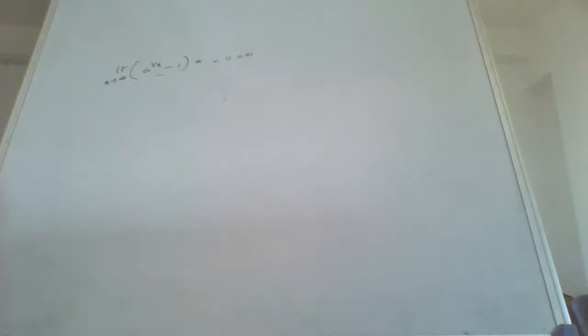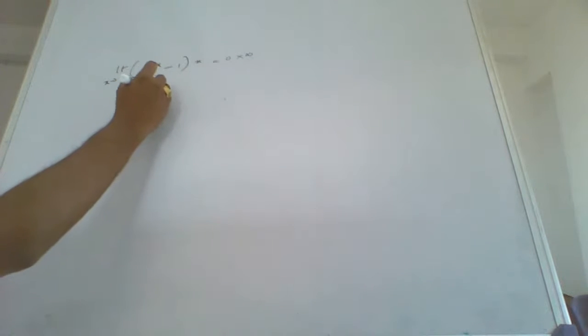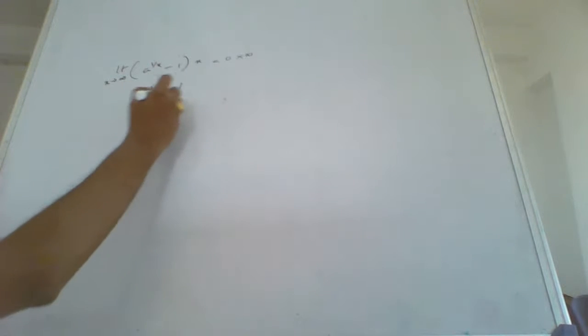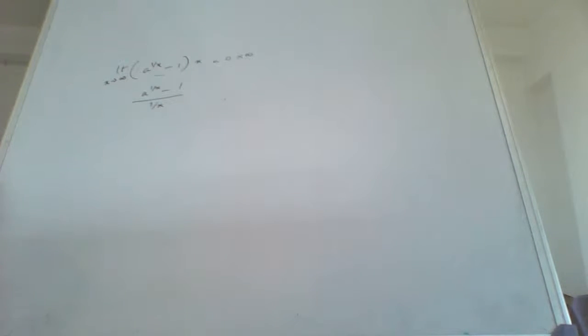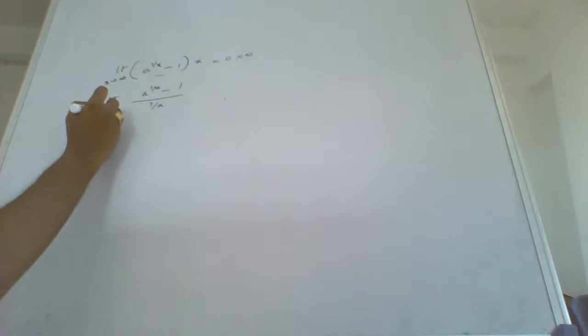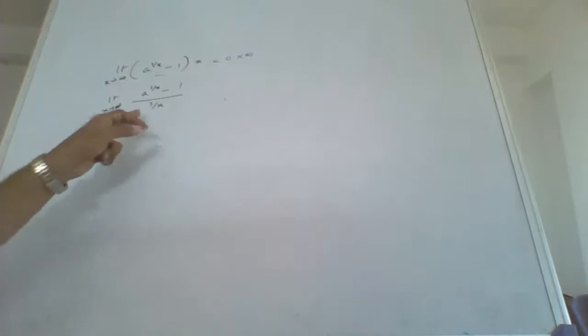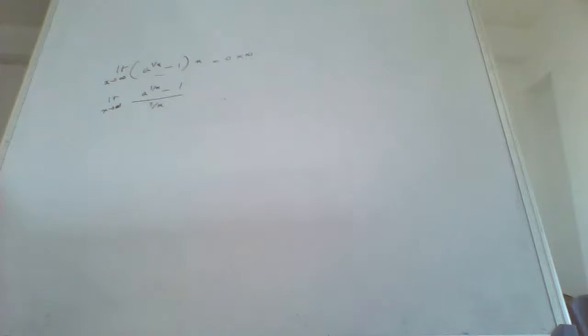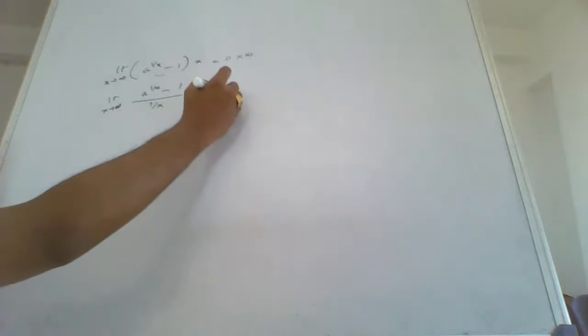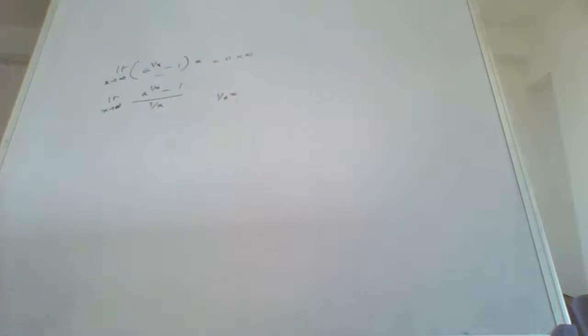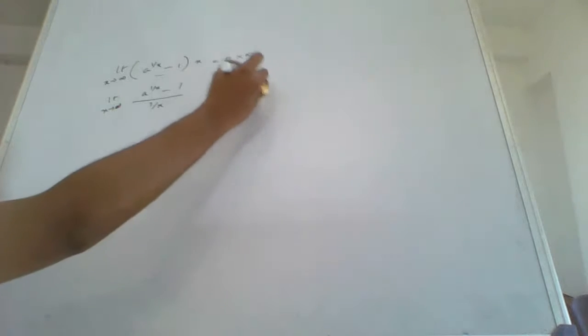Let me try to manipulate this. So this is (e to the power of 1 by x minus 1) divided by 1 by x. Now the limit as x tends to infinity, if I put it here, this is in the denominator, you'll have infinity. Let me take 1 by x as some variable t.